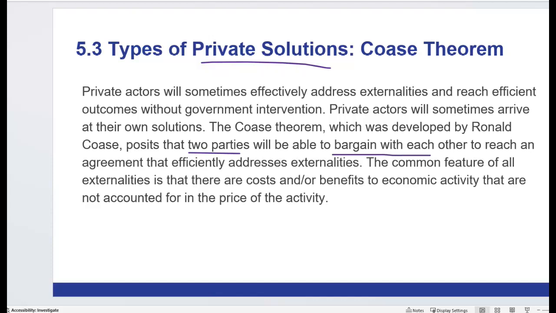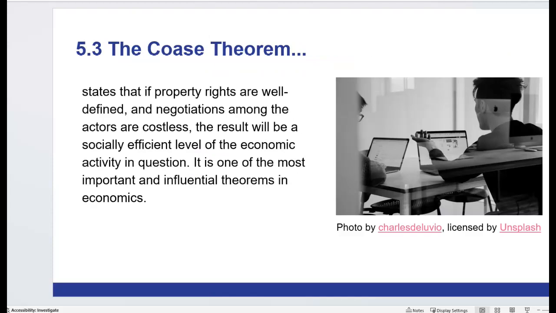If certain features exist, right? So the Coase theorem says if a couple of things are true, if it's very clear who owns what, so the property rights are very well defined, and it doesn't really cost us in terms of negotiating, which we would call transaction costs, then we can come to a deal between ourselves.